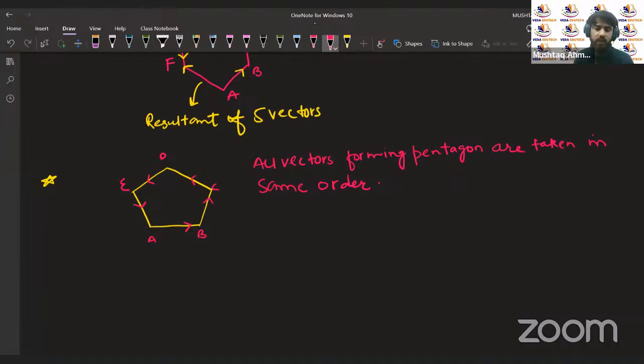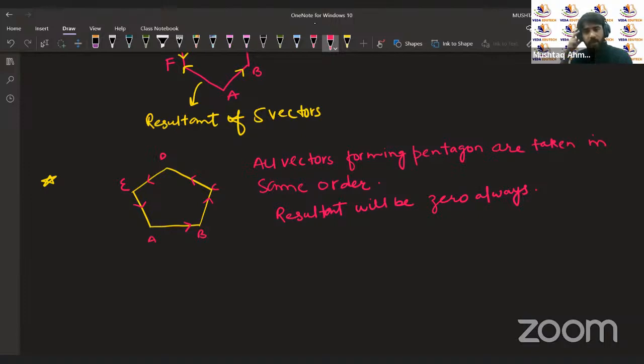If all these five vectors are taken in the same order, the resultant of all the five vectors will be zero always. The reason being that if we add all these vectors, one vector will be cancelling out another vector.